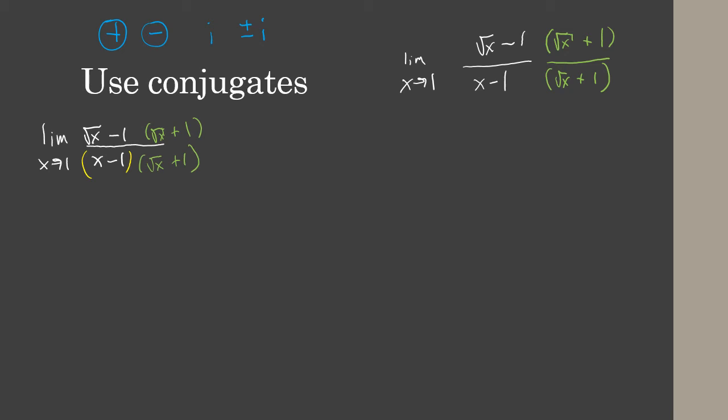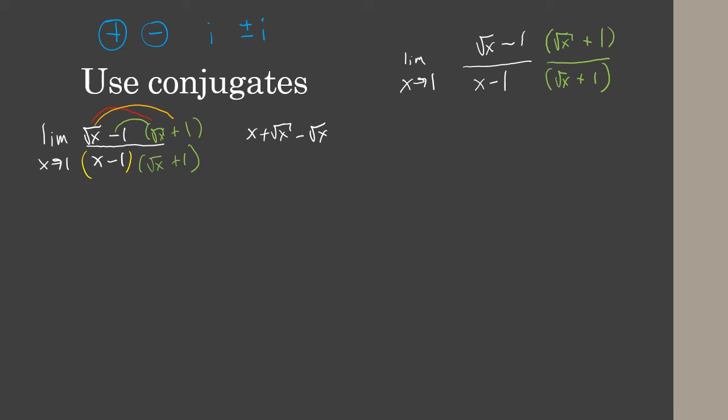So let's do FOILing up top. We do square root times square root. Square root x times square root x is just x. Then we've got square root x times positive 1. That gives us plus square root x. Then we've got minus 1 times a root x, and that leaves us with minus root x.